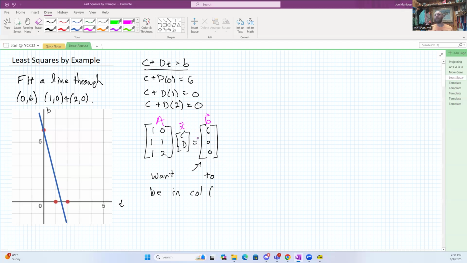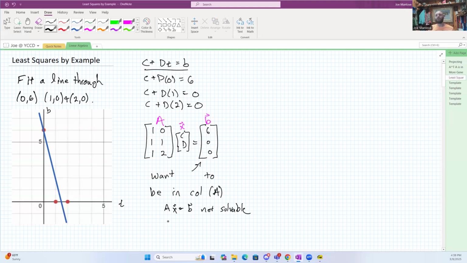The kicker is I know right now that the matrix equation AX equals B, as it stands, is not solvable. And I know it's not solvable because B isn't in the column space of A. So I'm going to do a little settling.